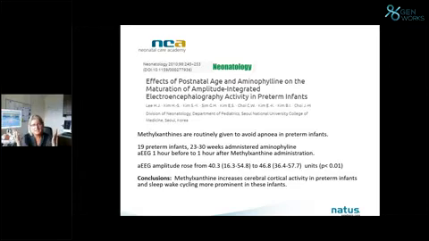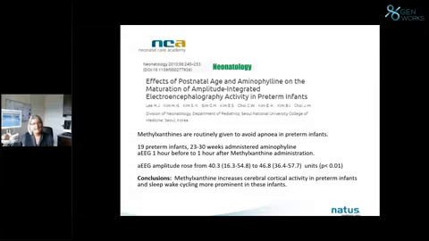They had an AEEG recording done 1 hour before to 1 hour after the administration of the methylxanthines, and they saw the amplitude in the AEEG rising. So they concluded that methylxanthines increase cerebral cortical activity in preterm infants, and make the sleep-wake cycling more prominent.